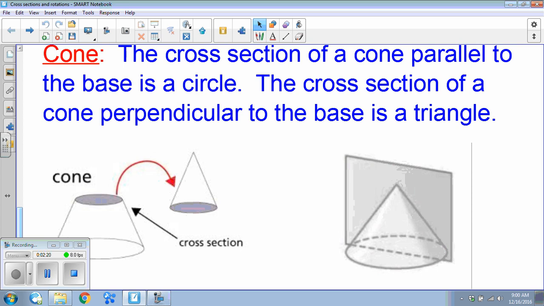Okay, everybody understand this? So if I say, find the area of the cross section if it's parallel to the base, you can find the area of that circle. You need to know the radius of that cone, you find the area of the circle. Or if I said perpendicular to the base, you find the area of that triangle. Okay?